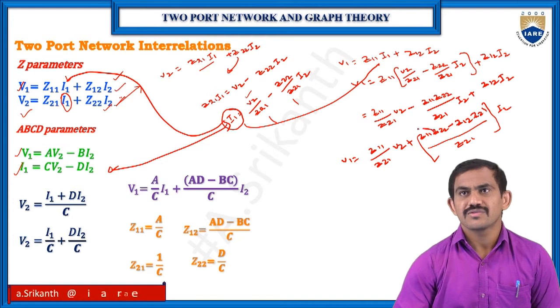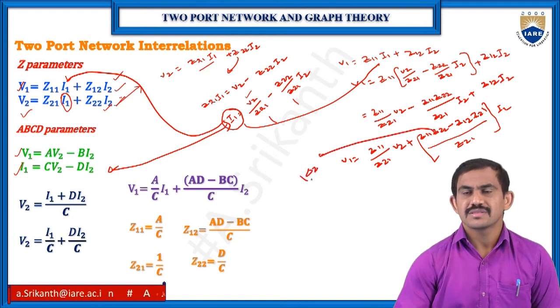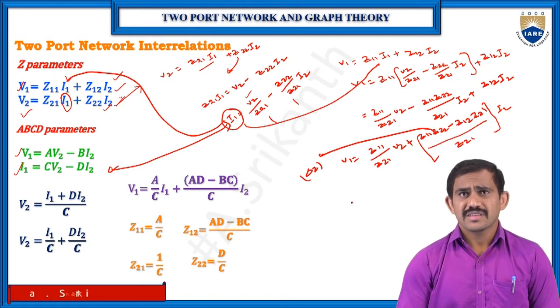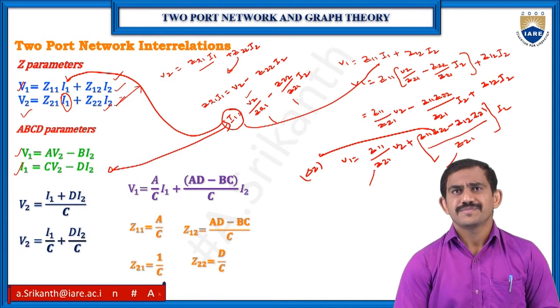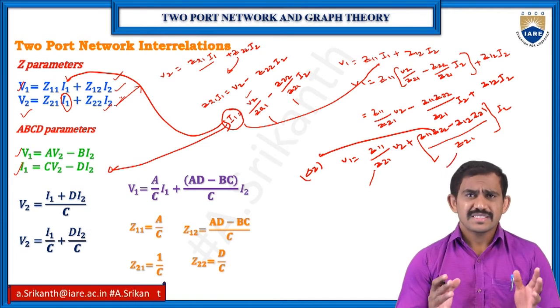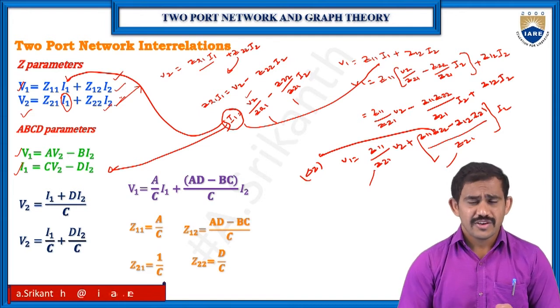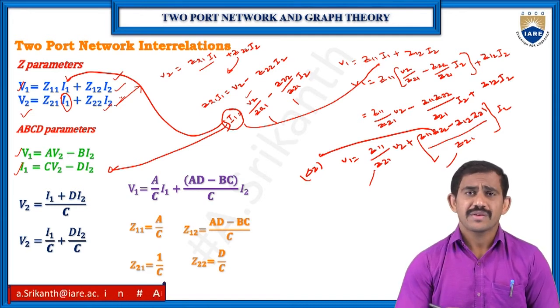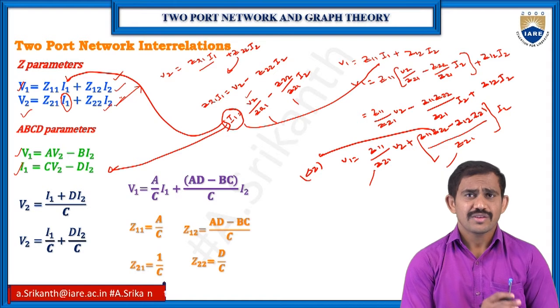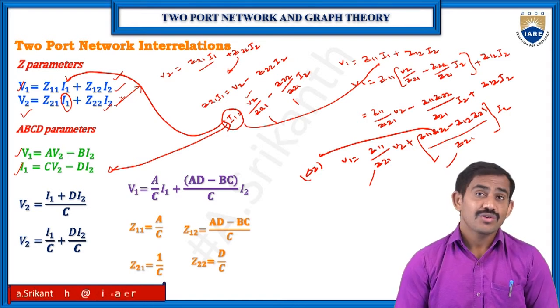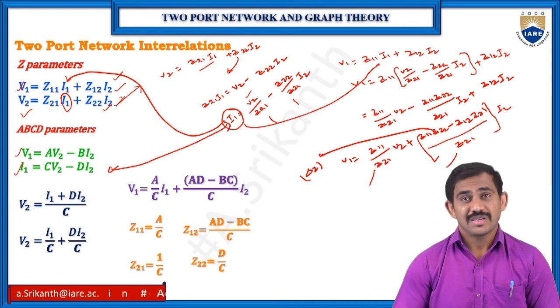Here, for this we can write delta Z. Okay, so you can compare with this equation. So this is your A value, this is your B value. Okay, it's very simple if you know the logic: what are the equations which we have and how to compare with those equations. So if I know ABCD parameters, I can find out Z parameters. If I know Z parameters, I can find out ABCD parameters.